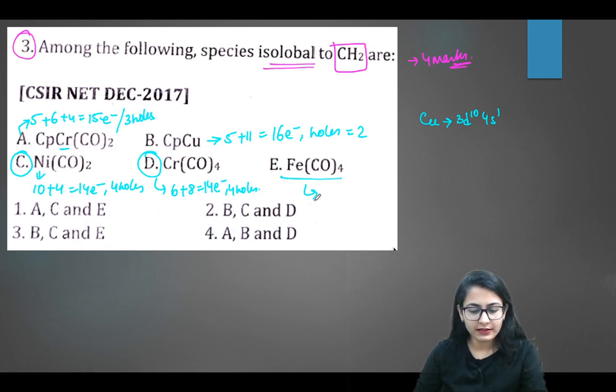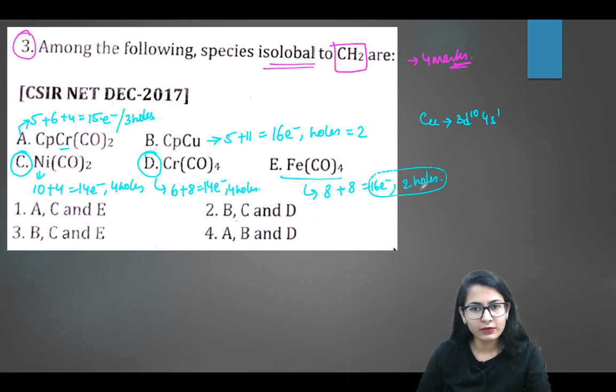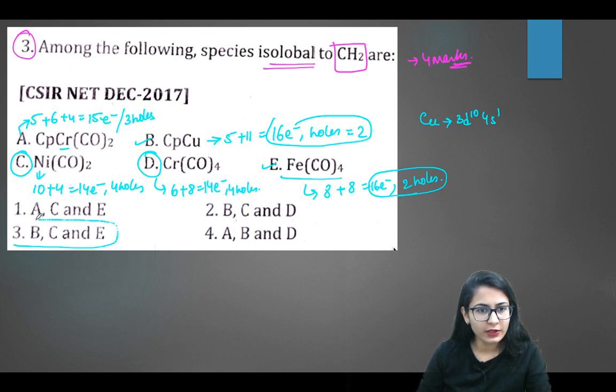So iron is having how many electrons? 8 electrons plus 8 from the carbonyl, so 16 electrons total. There must be 2 holes. So we have found out the 16 electron species. As I can see, it is option number B and option number E. So looks like third is going to be the option.